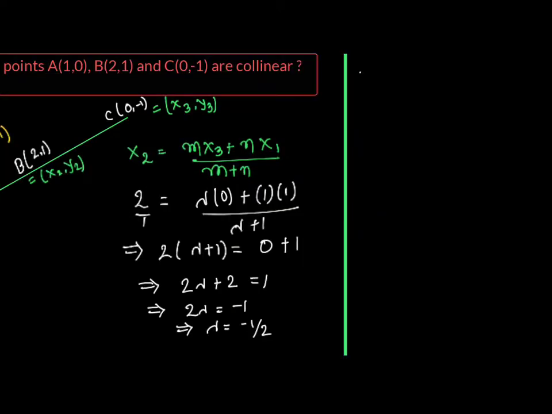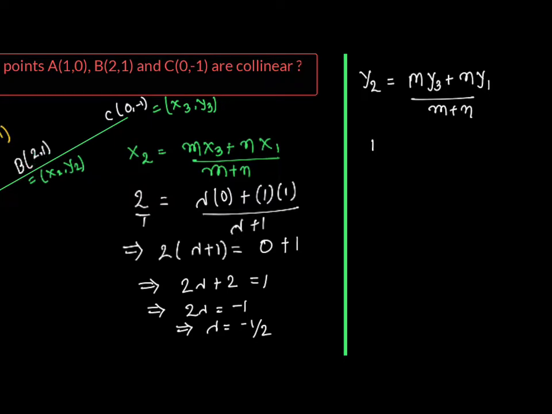Now I can write y2. Using the formula, y2 equals (m times y3 plus n times y1) upon (m plus n). y2 is the y coordinate of point B, which is 1.